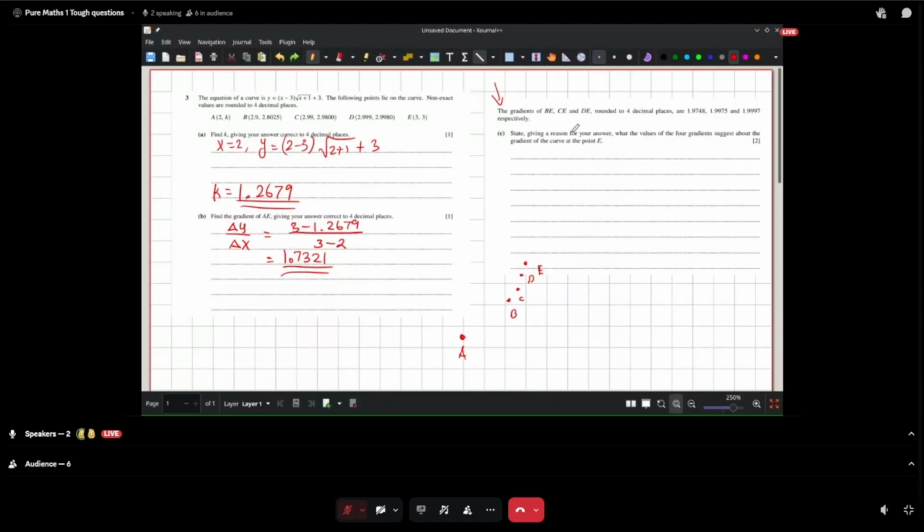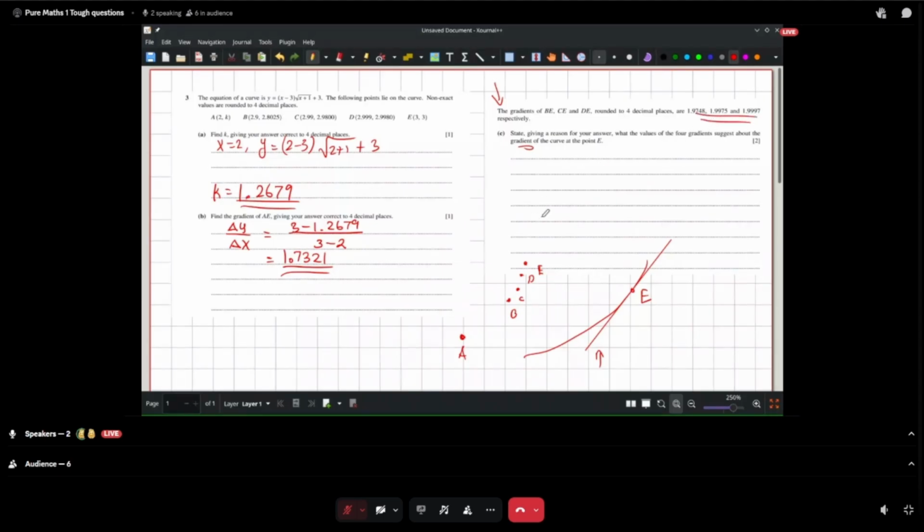They're asking what these four gradients say about the gradient of the curve at the point E. Now, we know that the curve might be going something like this. And what they're asking for here is if you drew a tangent to the point E, what would be the gradient of that using this information.